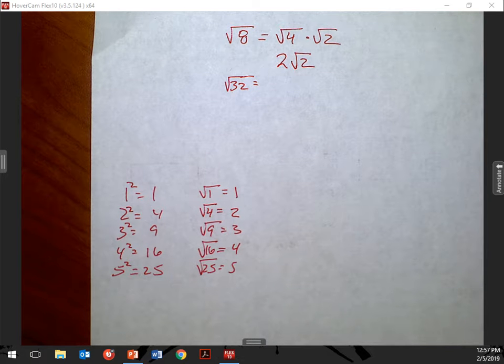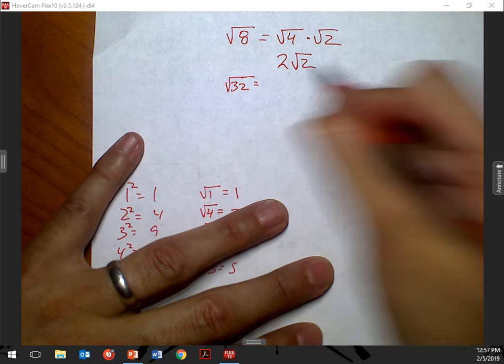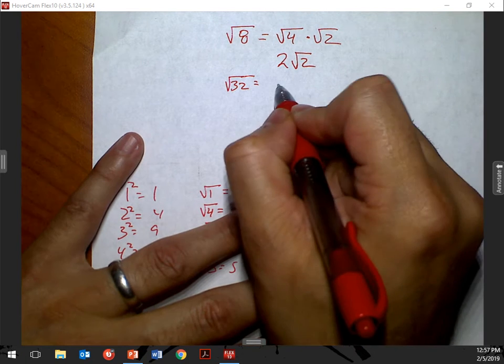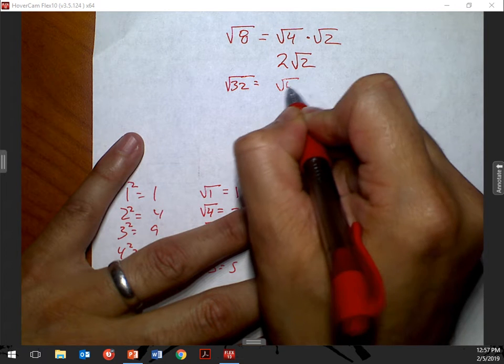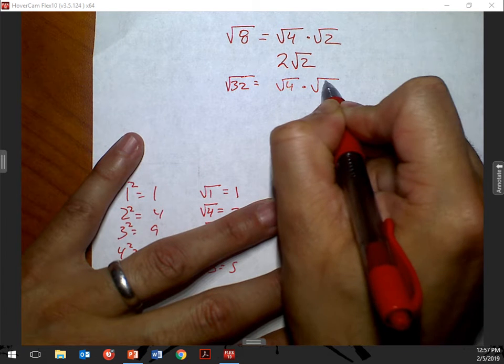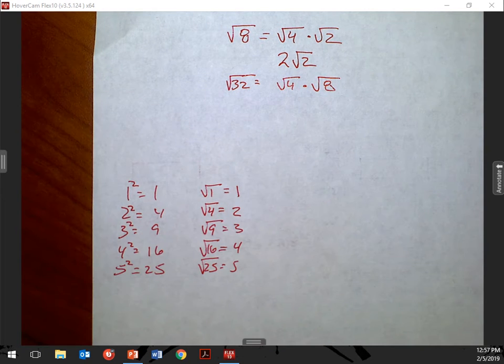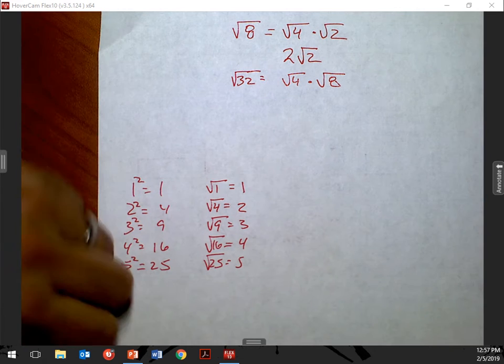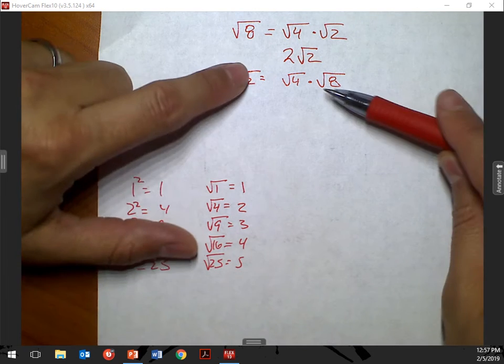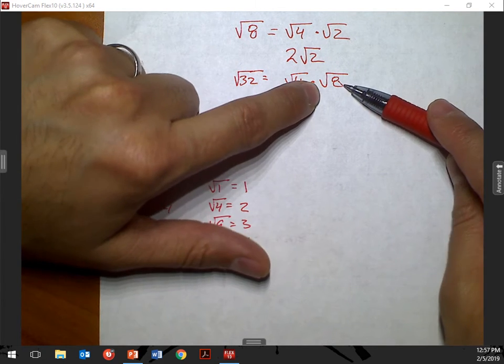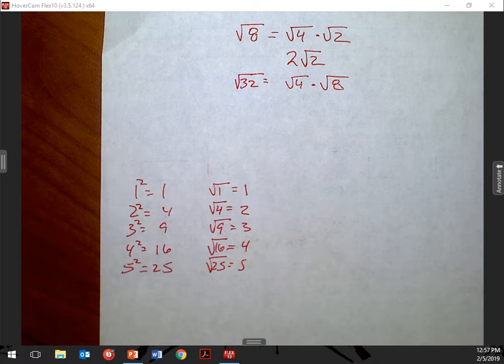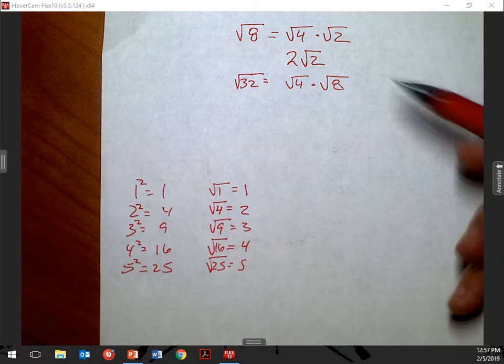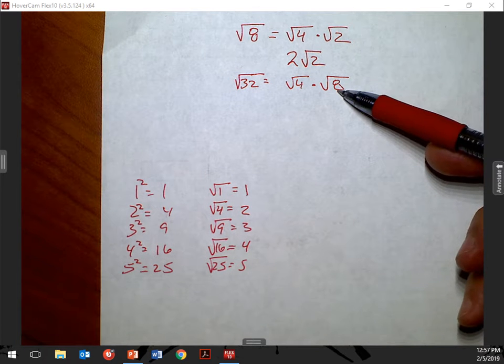That works, right? If I have 8 times 4, that would be the square root of 4 times the square root of 8. Is 4 a perfect square? Yes. But what about 8? Can I break that down and get another one out of it? 8.